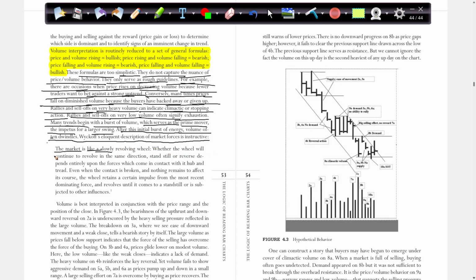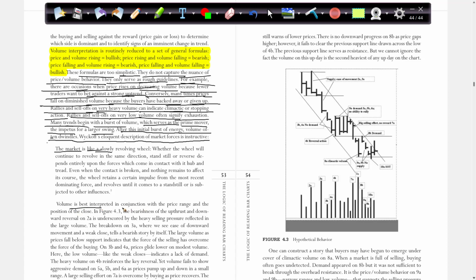Whether the wheel will continue to revolve in the same direction, stand still, or reverse depends entirely upon the forces which come in contact with it. Even when the contact is broken and nothing remains to affect its course, the wheel retains a certain impulse from the most recent dominating force and revolves until it comes to a standstill or is subjected to other influences.